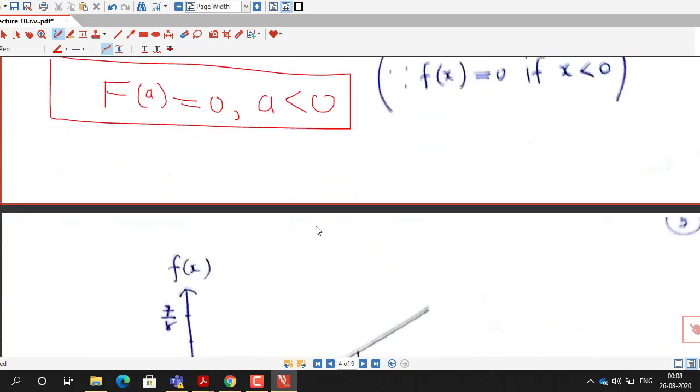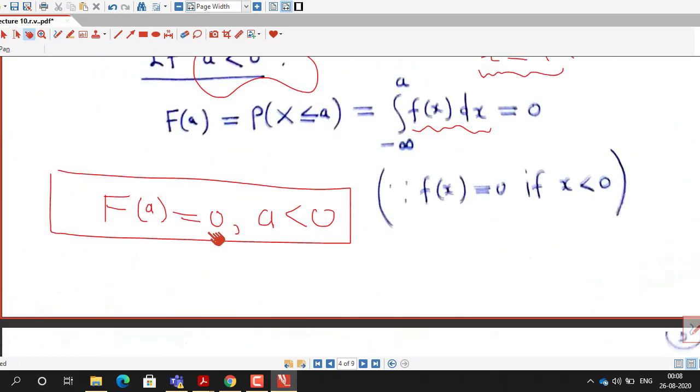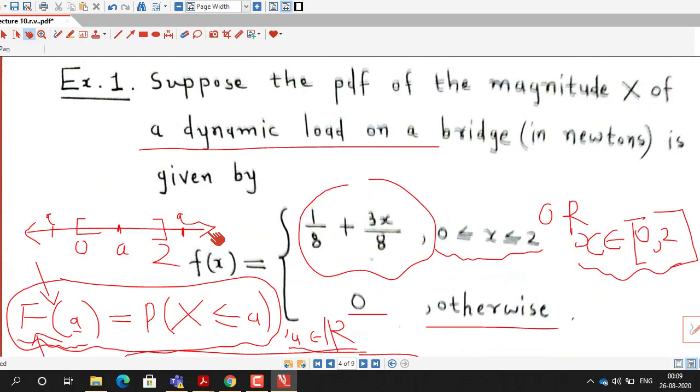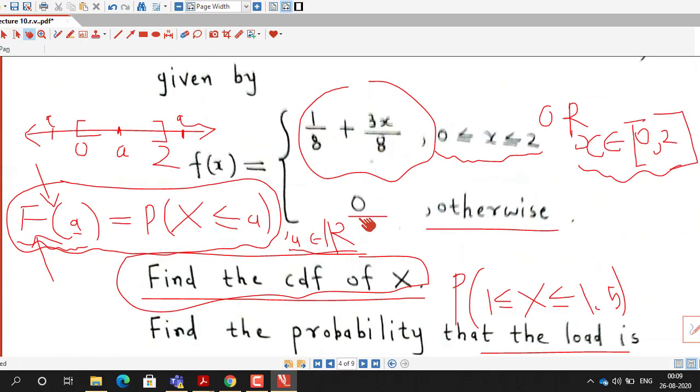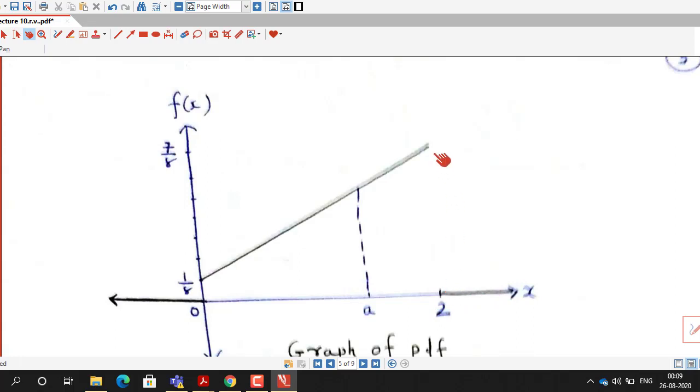That means at x equal to 0, the value of f(x) is 1 by 8. Similarly, if I put x equal to 2 here, I will obtain 1 by 8 plus 6 by 8, that is 7 by 8. So at x equal to 2, the value is 7 by 8. Then we join these 2 points to sketch the graph of the PDF.